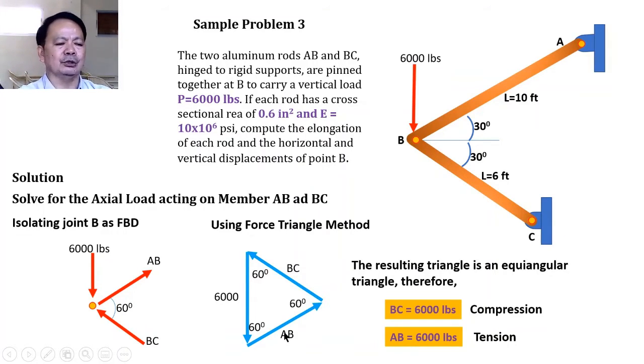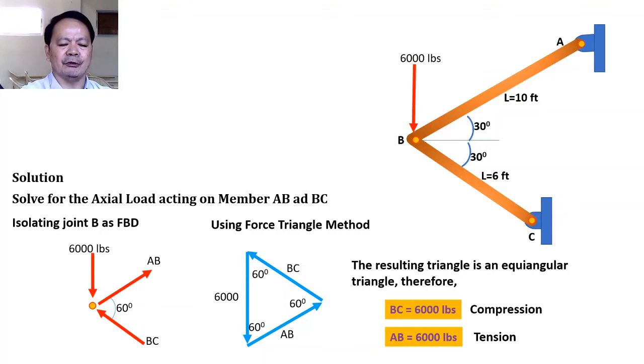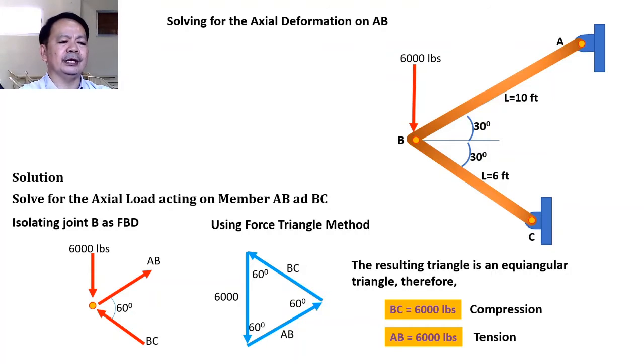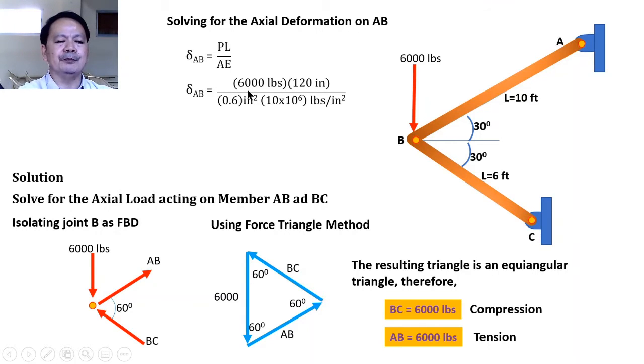Now, let us try to solve for the elongation or deformation caused by the axial loads upon the two members. Let's start with finding the axial deformation on the member AB, where AB is subjected to tension. Considering the formula that the deformation shall be equal to PL over AE, if we substitute the values, the deformation shall be equal to 6,000 pounds times 120 inches, equivalent to 10 feet. I simply have converted that into inches.